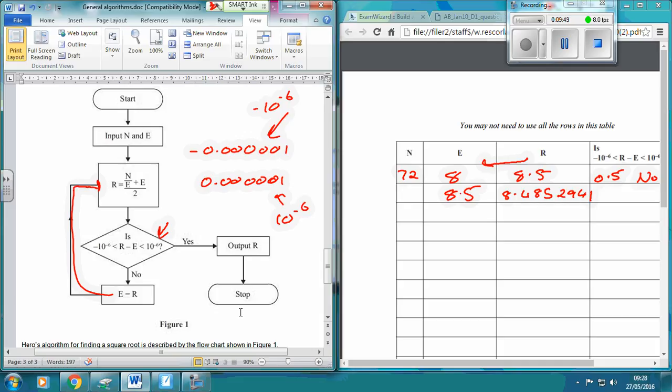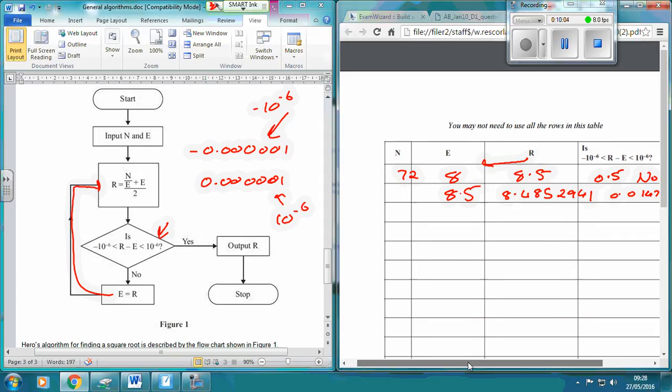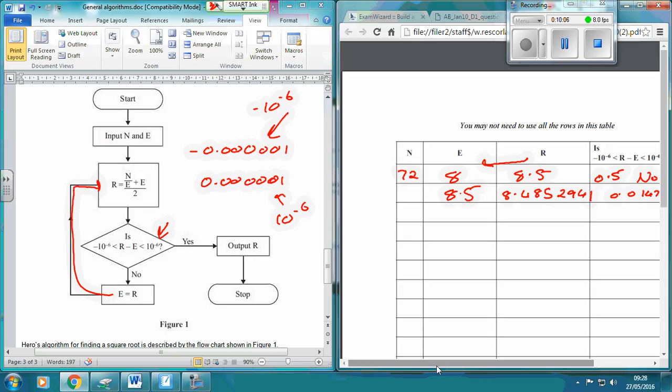And if we take them away, r take away e gives us 0.0147. So the answer to that is no.